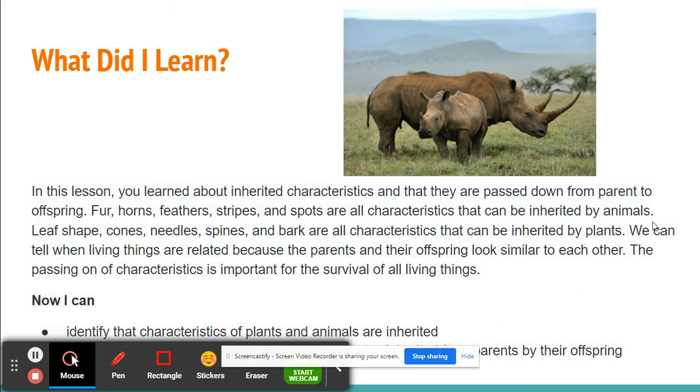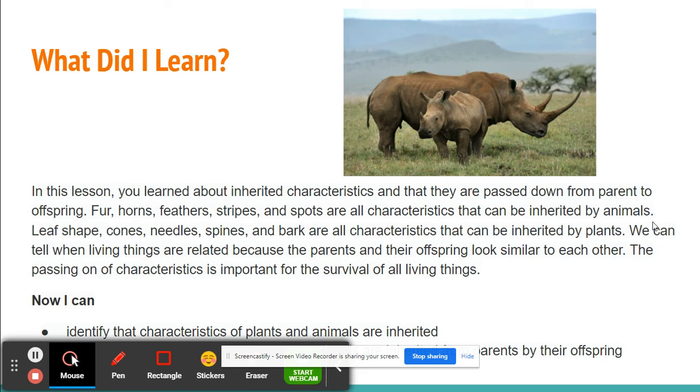In this lesson, you learned about inherited characteristics and that they are passed down from parent to offspring. Fur, horns, feathers, stripes, and spots are all characteristics that can be inherited by animals. Leaf shape, cones, needles, spines, and bark are all characteristics that can be inherited by plants. We can tell when living things are related because the parents and their offspring look similar to each other.